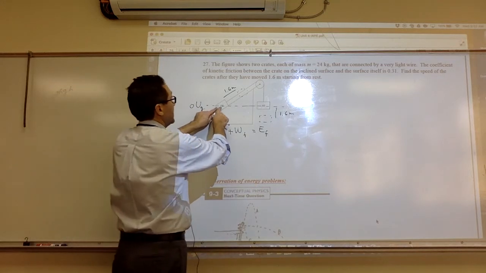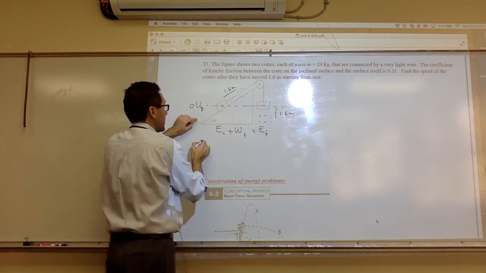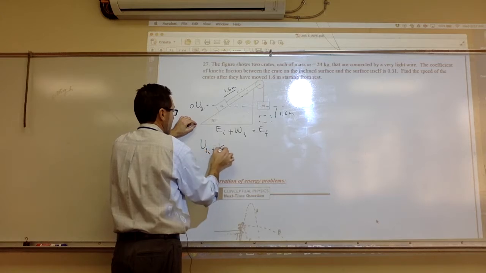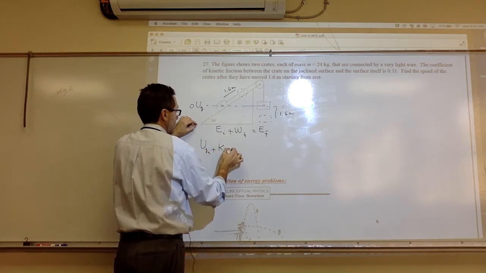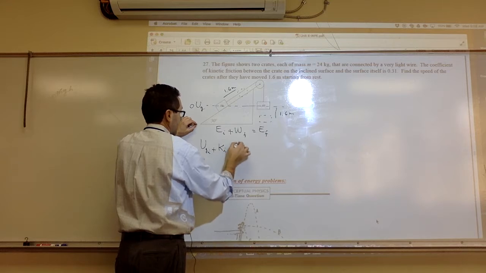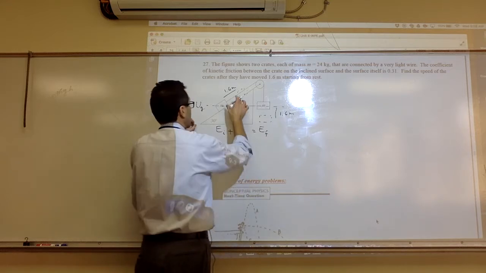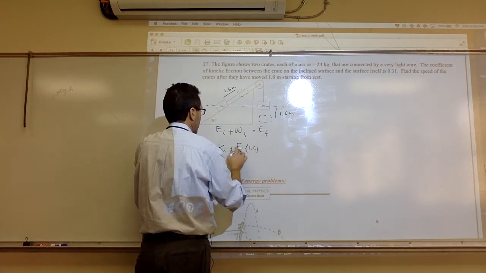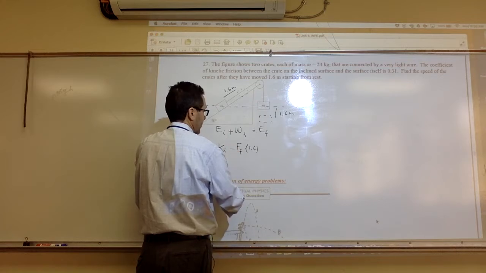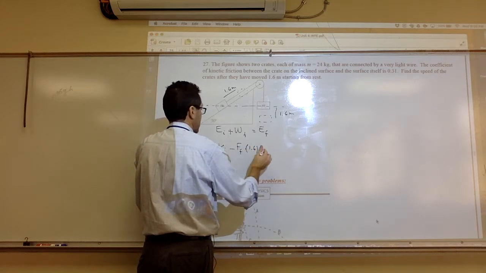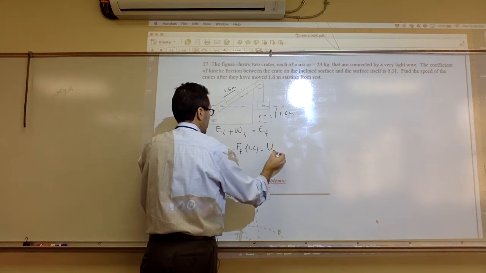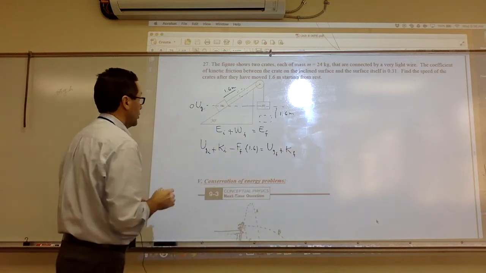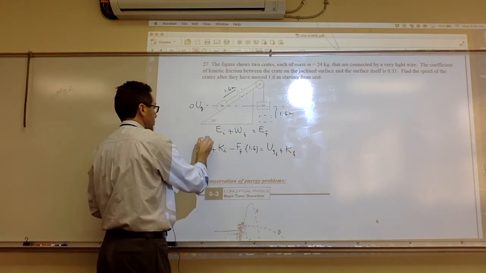Let me write all kinds of energy: gravitational initial plus kinetic initial plus the work done by friction, which is really the force of friction times the distance traveled, 1.6 cosine of 180. So I'm going to put a minus here to reflect the cosine of 180, equals U_G final plus kinetic energy final. Based on the reference I picked, both of these are 0.